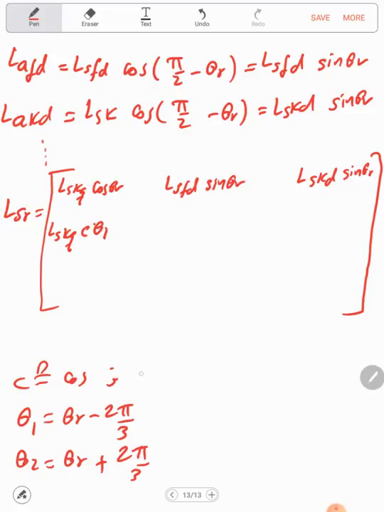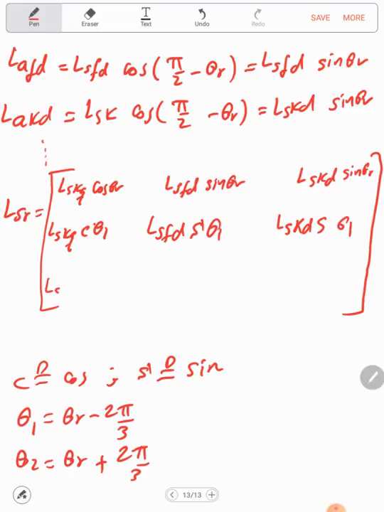So this will be LSKQ cosine theta 1, LSFD sine theta 1, and LSKD sine theta 1.